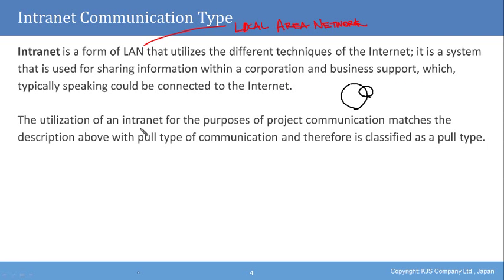The utilization of an intranet for the purposes of project communication matches the description above with pull type of communication. This is because pull type, as we defined it, was about broadcasting large amounts of information to non-specific audiences.